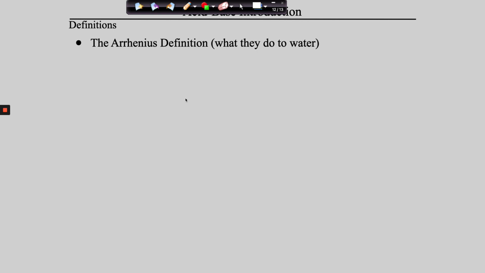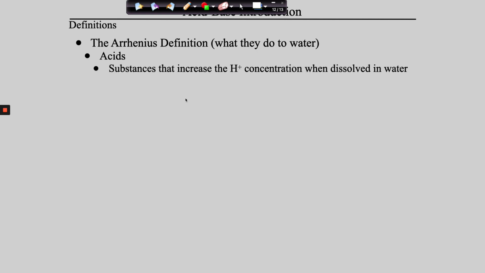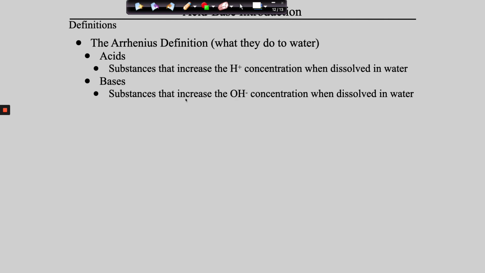The Arrhenius definition is based upon what these do to water. Acids are things that increase the concentration of hydrogen ion in water. Bases are things that increase the concentration of hydroxide ion in water.